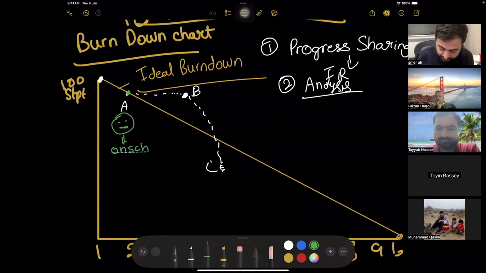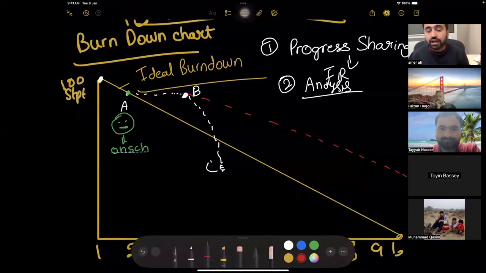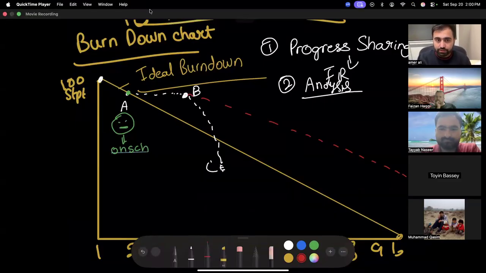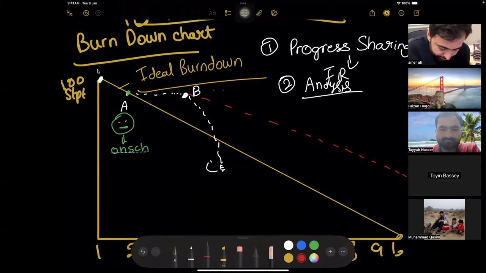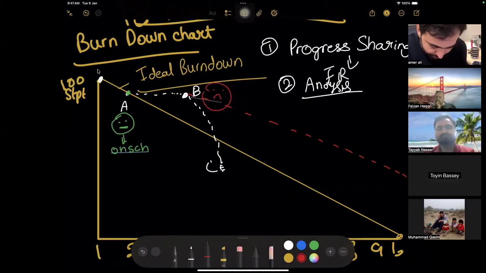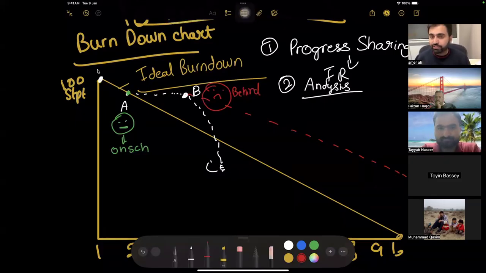In order to understand, let's extrapolate point B. If I keep working like this, I need more time to complete, which means I am behind schedule. I made it an unhappy face so that you remember behind schedule.